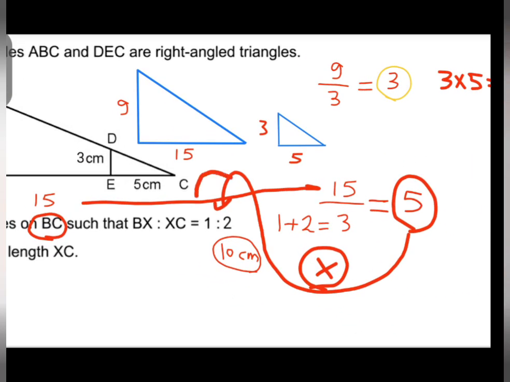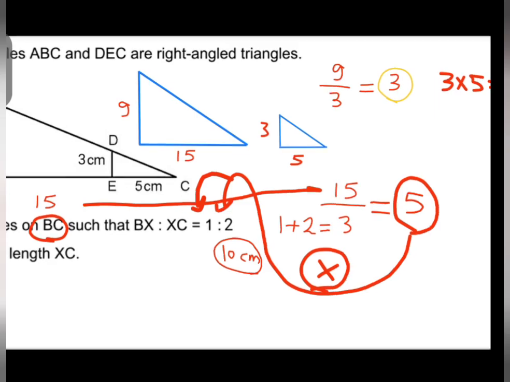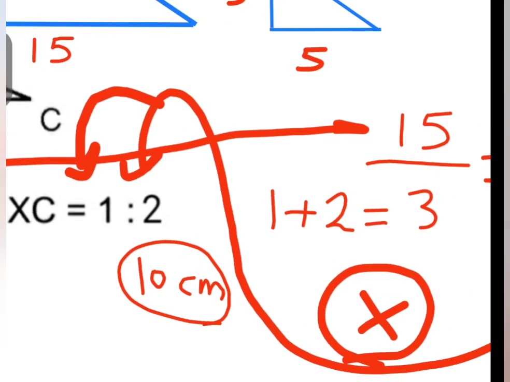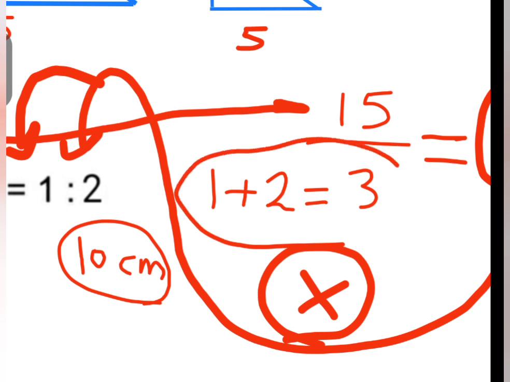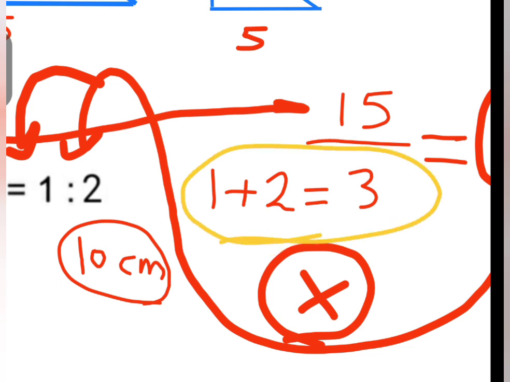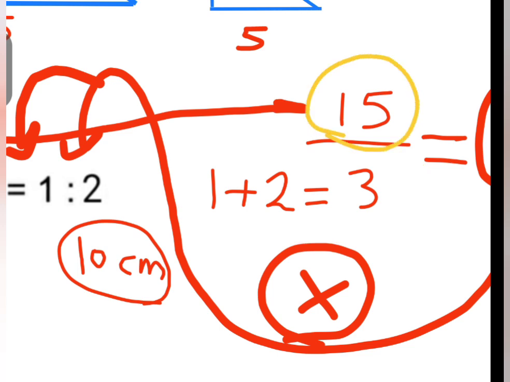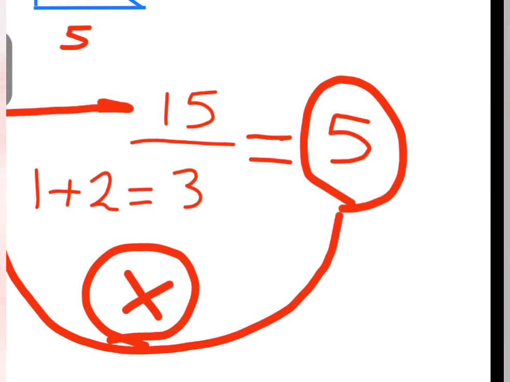If he wants the first one, we will multiply 5 by the 1, and it's going to be 5 centimeters. So how did we do this again? From step 1, first thing we did, we added the ratios together. So let's use a different color. We add the ratios together, we get 3, and then we take the length of the whole line BC and divide it on 3, we will get 5.